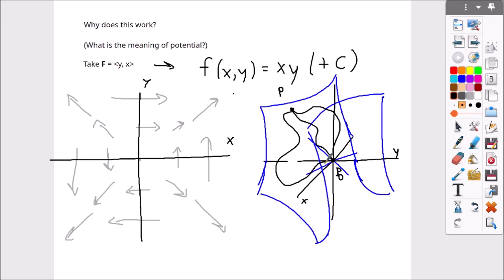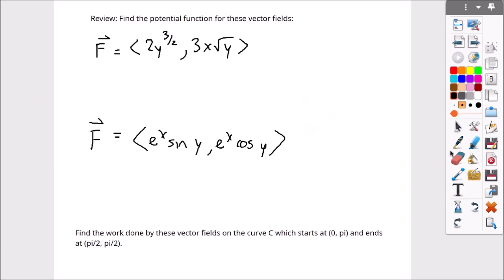This just tells us what function the vector field gives, and if you do this, this is arguably an easier way to calculate your line integrals. All right, let's keep going.